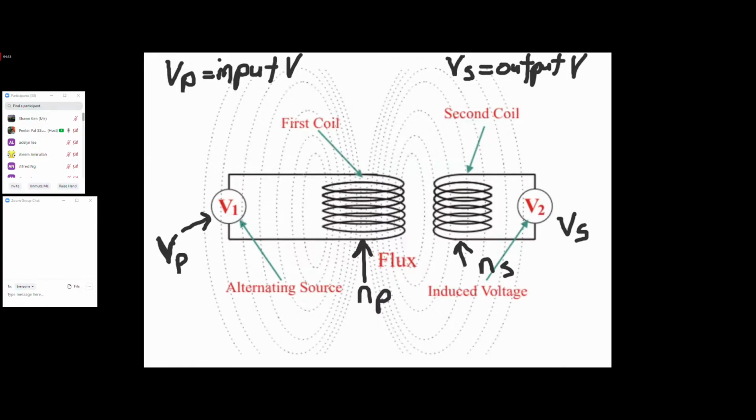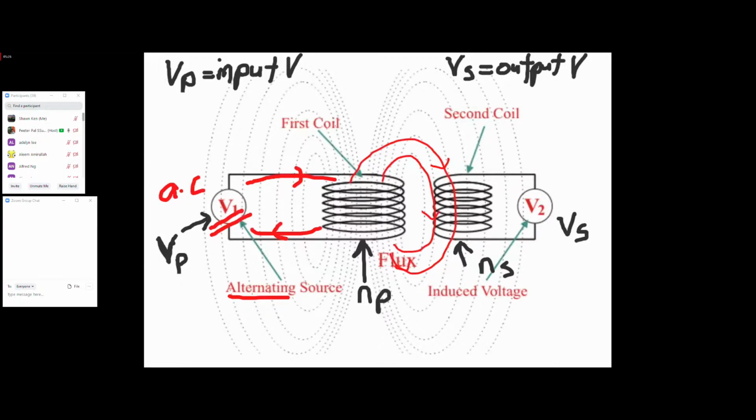What happened? Let's see. As the current flows in the primary coil, always remember the primary coil must be connected to alternating current, AC. Around the primary coil there will be an electromagnetic field. Remember the solenoid?